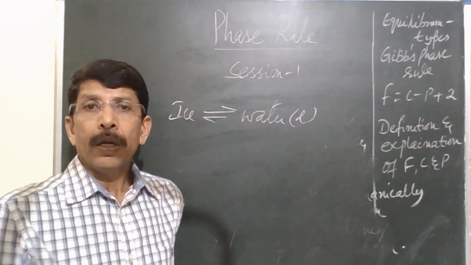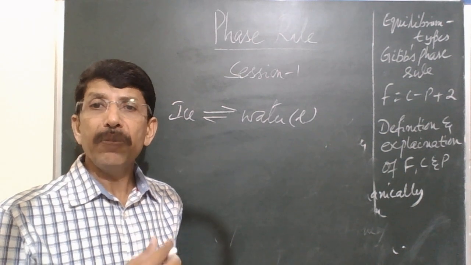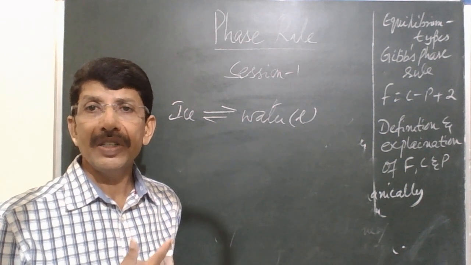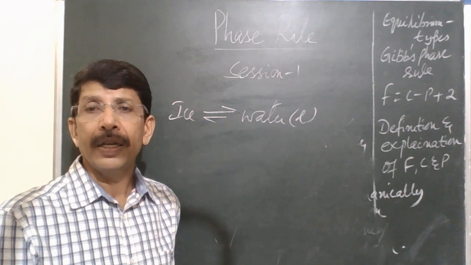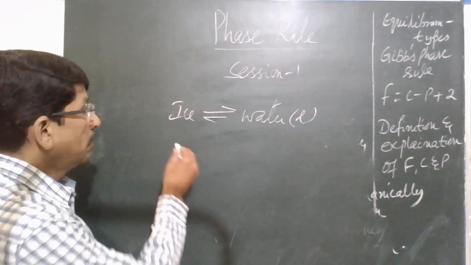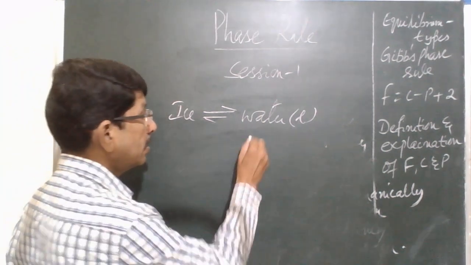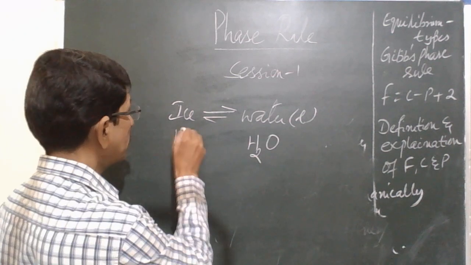So what is the number of components for this system? It is the minimum number of chemical constituents needed to define the composition of every phase in the form of a chemical equation, right? So what is the composition of water? We represent the composition of water as H2O.